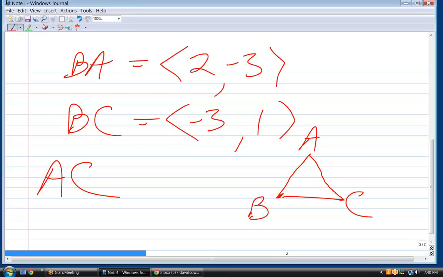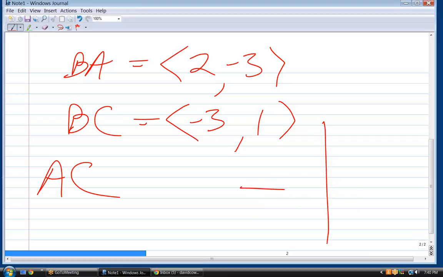Let me redraw this so that it's a little more understandable here. Okay, if I put B at the origin, and I go 2 over and 3 down, I'm right there.